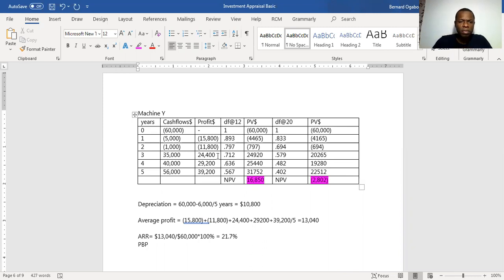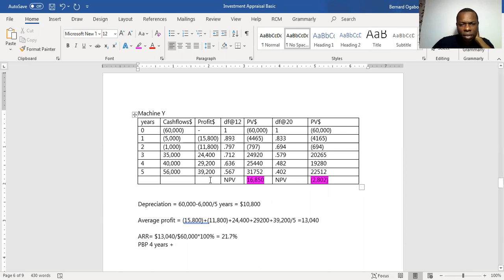So I'm going to have 4 years plus. So if I have 26,000, how much more do I need to make it 60,000? So I say 60,000 minus 26,000. I need 34,000.